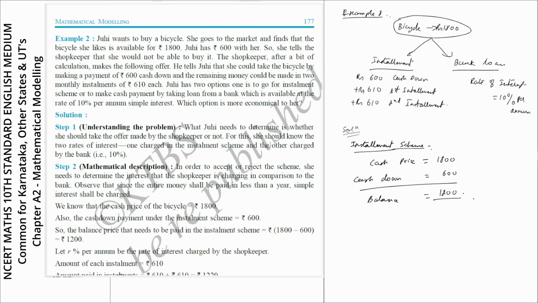Okay, now the total amount paid in this scheme is 600 cash down payment plus 610 first installment, and again 610 second installment. So this is equal to 1820.